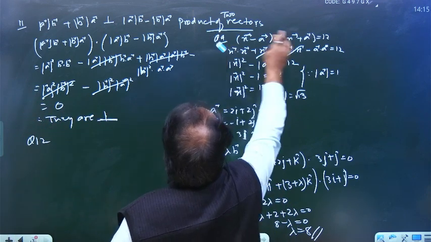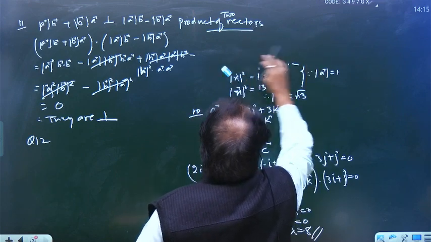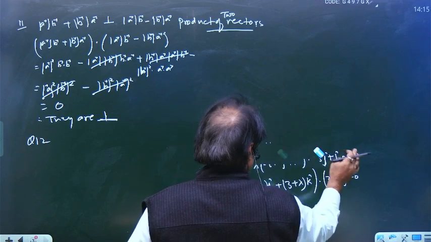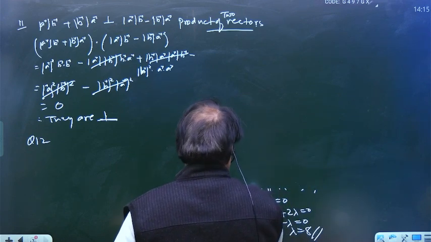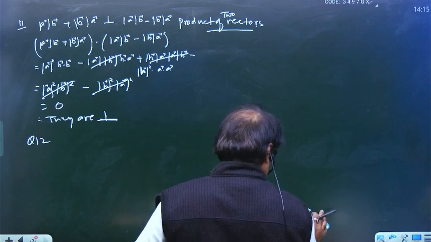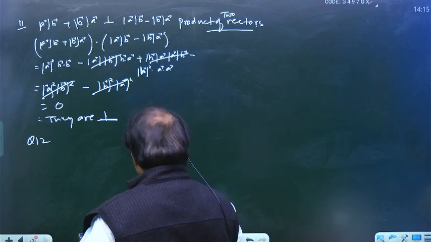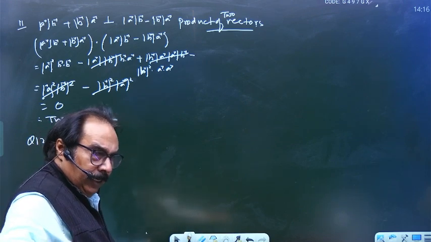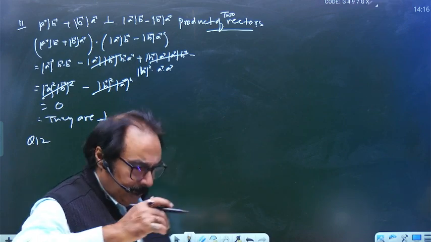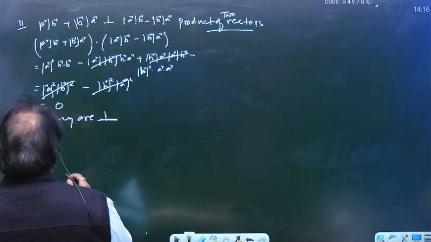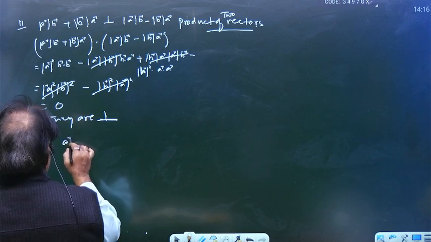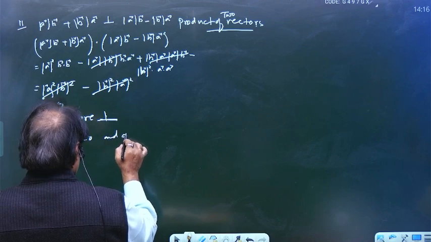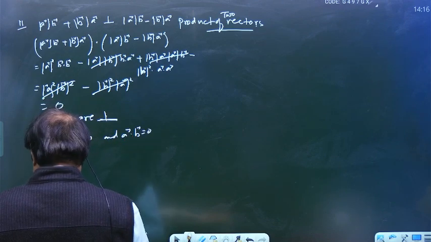Question number 12. What is given: A dot A is equal to 0 and A dot B is equal to 0.